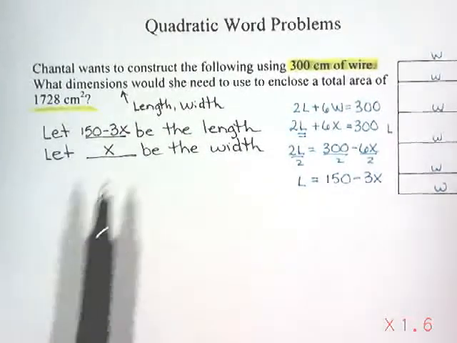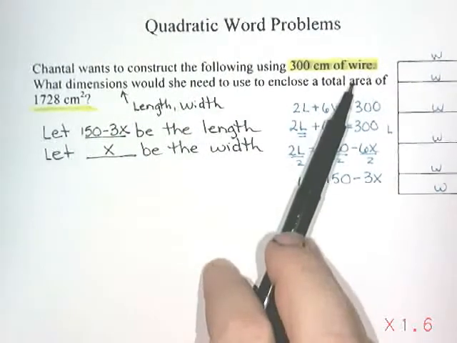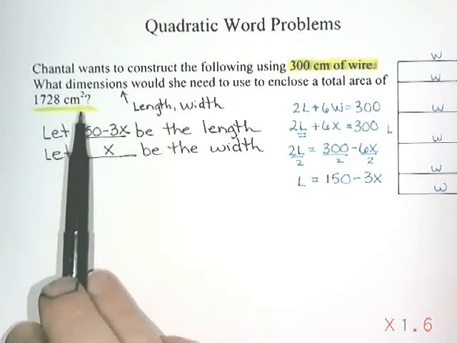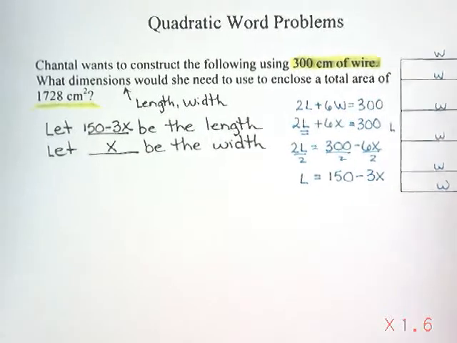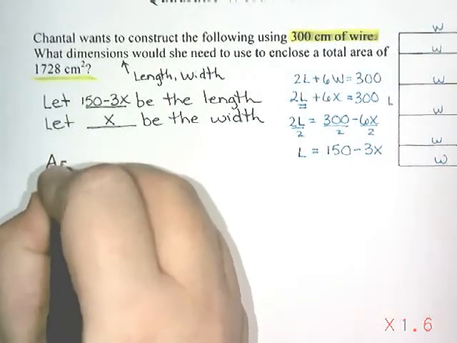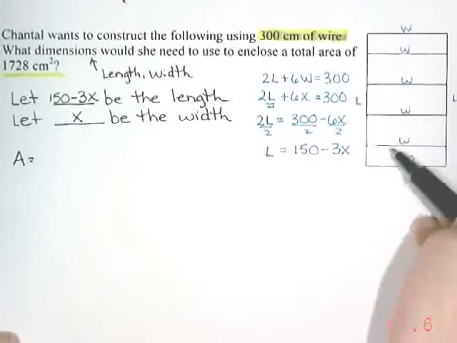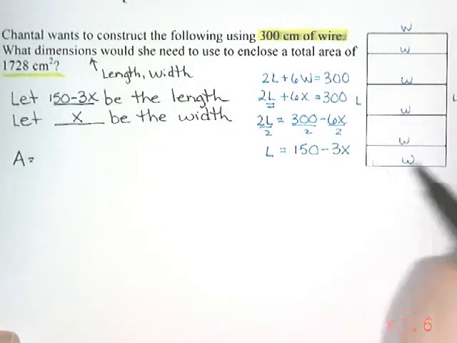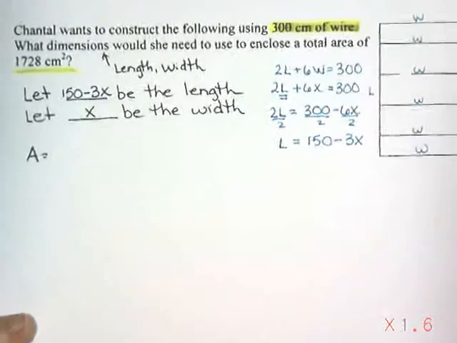All right, the other piece of information in the question is the area. It has a total area of 1,728 centimeters squared. So I'm going to start an equation for area. Area of a rectangle, which is what this is, even though it's broken into smaller pieces, the total area is still just going to be found by doing length times width. So I'm going to write area equals length times width.